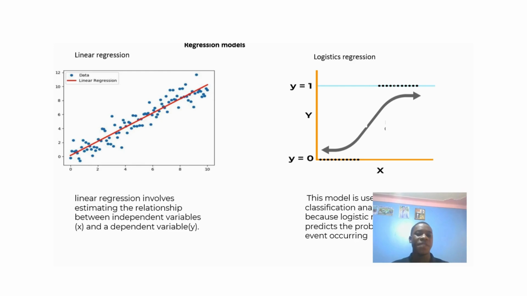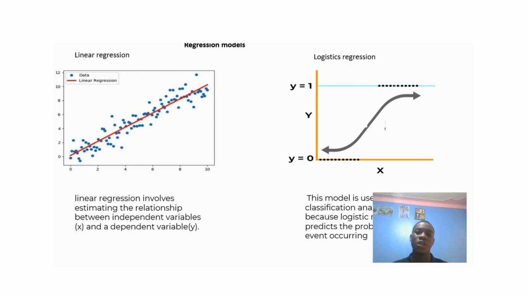In linear regression, it predicts the relationship between the independent variables by using a line of best fit. The closer the data points are to the line, the more properly the data is identified.